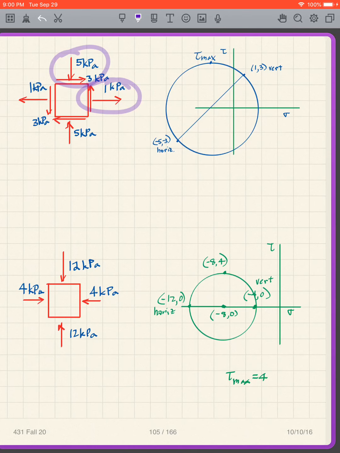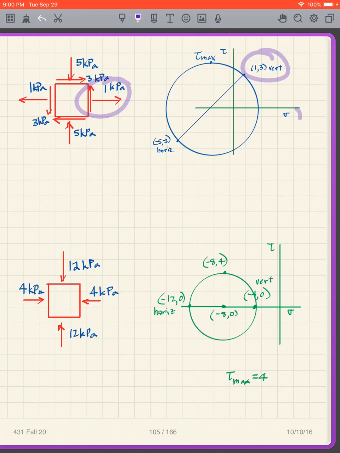We look at the stresses there and there, which are identical to the stresses there and there. So there's redundant information on this, if you remember. But if I look at this, I'm not going to go through it, but those two stresses are 1 and 3. And so we plot the point 1, 3.